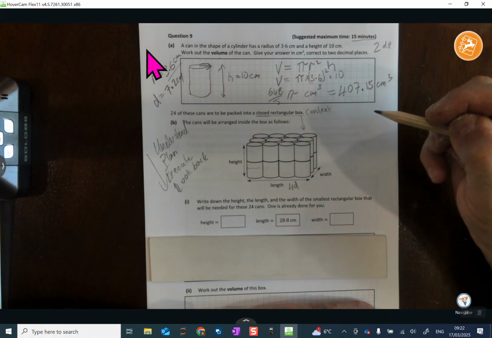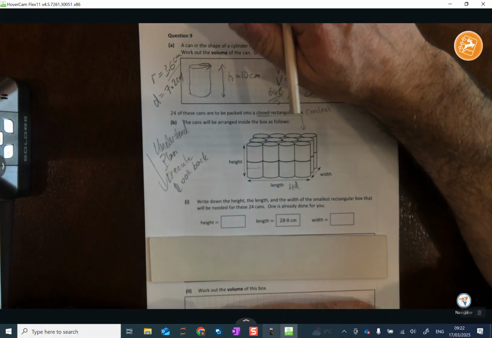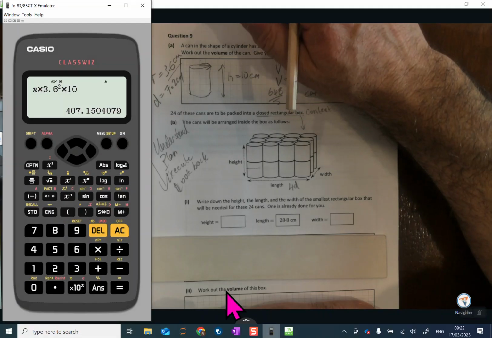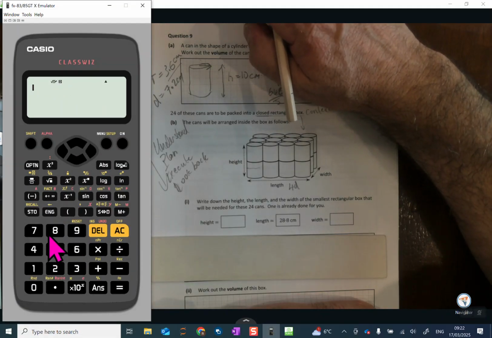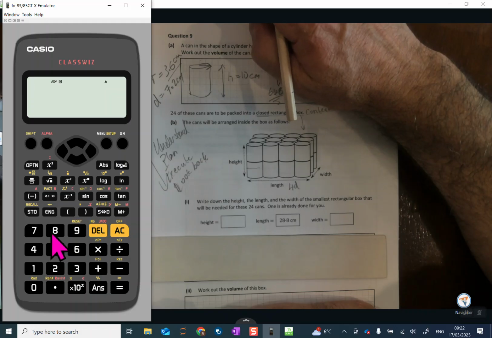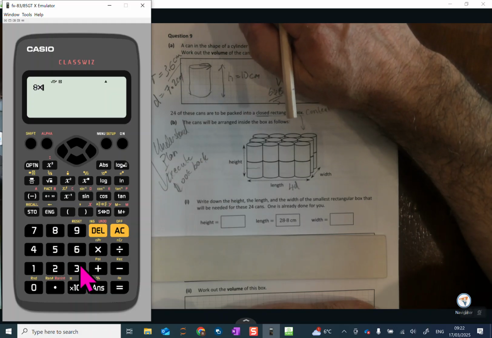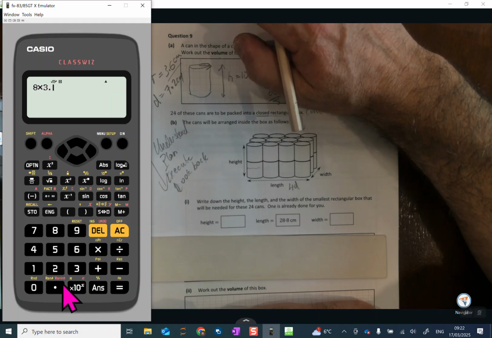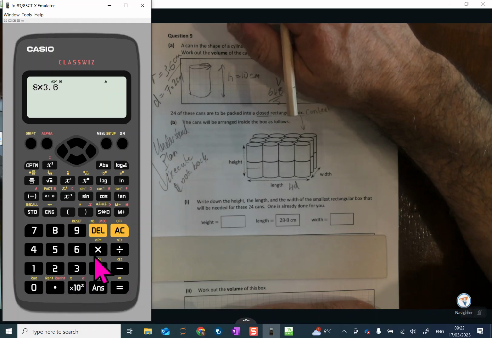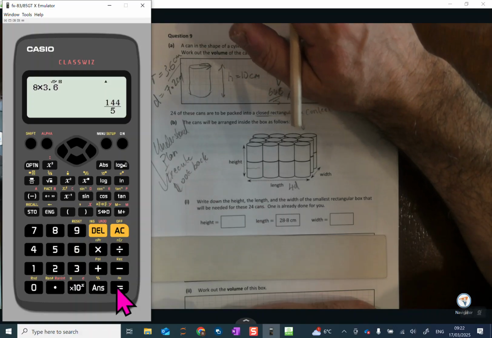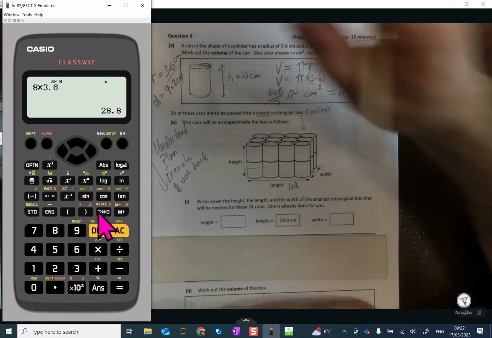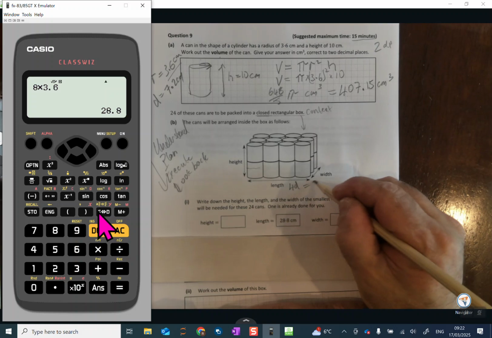Okay, so let's just get that calculated right now. Indeed, it's 8 radii as well. If I wanted to go with 8 times 3.6, I could have done. So it's a natural number by a terminating decimal, which will always give a terminating decimal. 28.8.